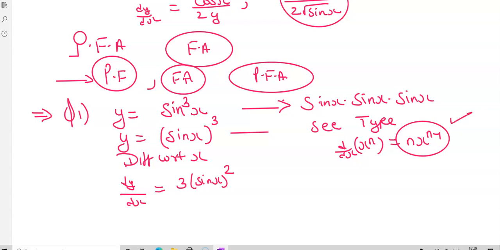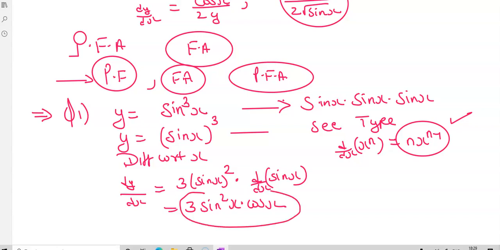So I have applied this, but instead of x we have something, so the derivative of sin x is also required. So it is ideally 3 sine square x into cos x. Now this is the ideal answer for this particular type of question.